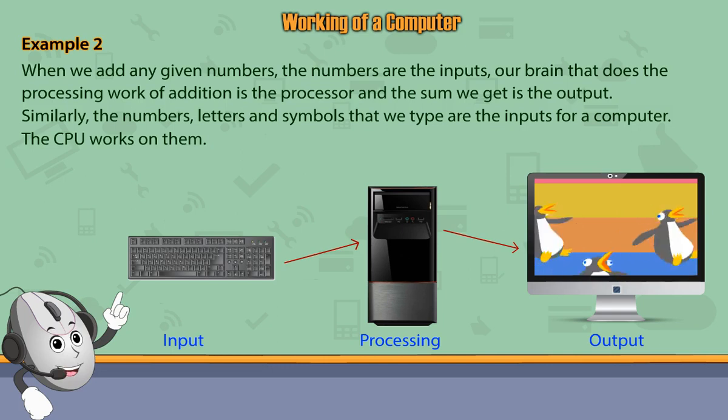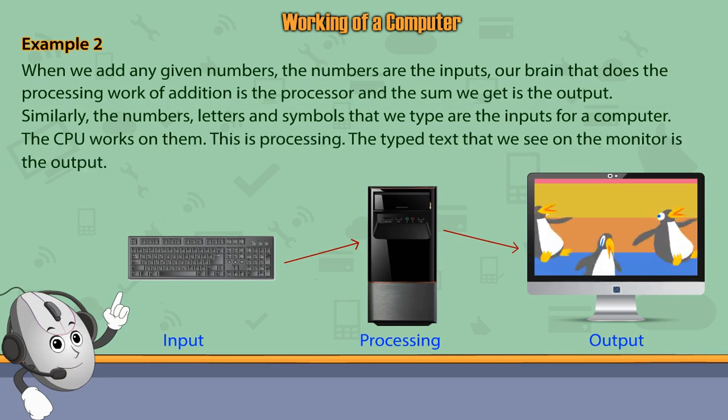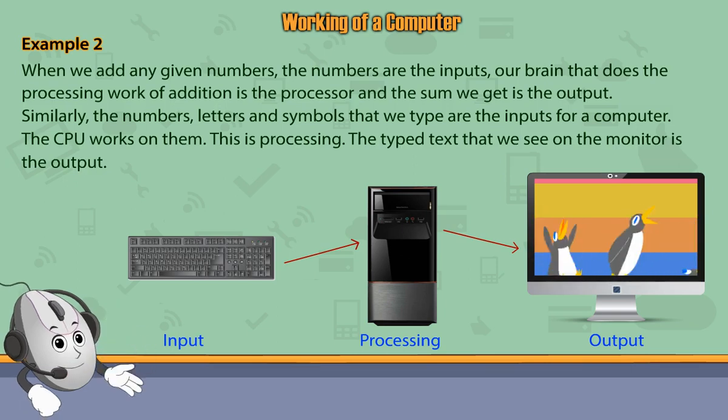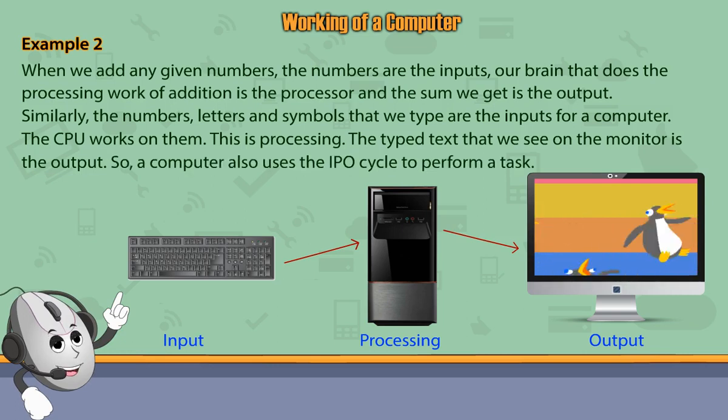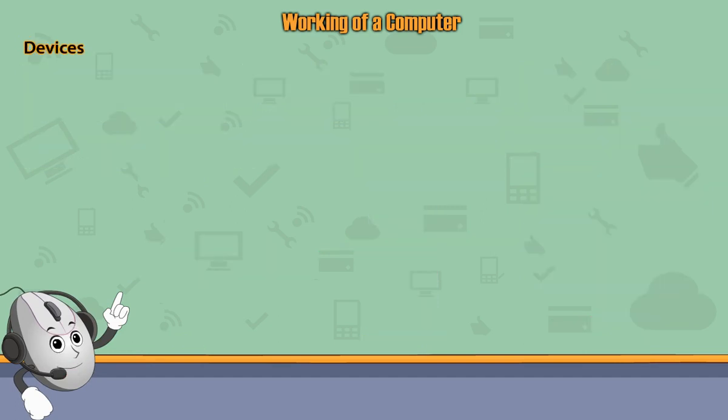The CPU works on them. This is processing. The typed text that we see on the monitor is the output. So, a computer also uses the IPO cycle to perform a task.